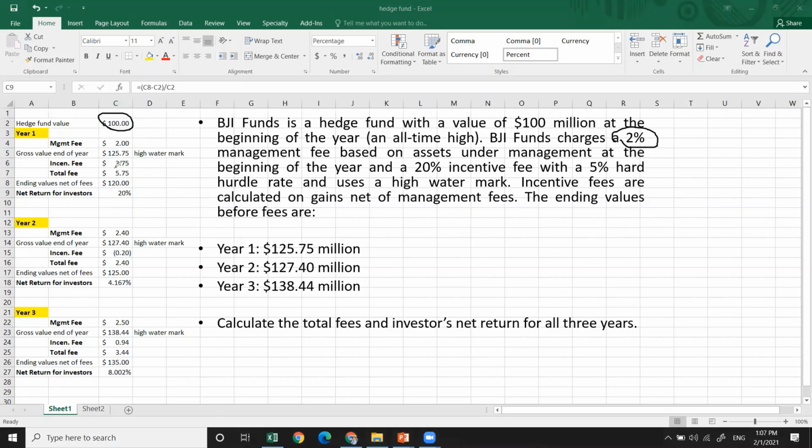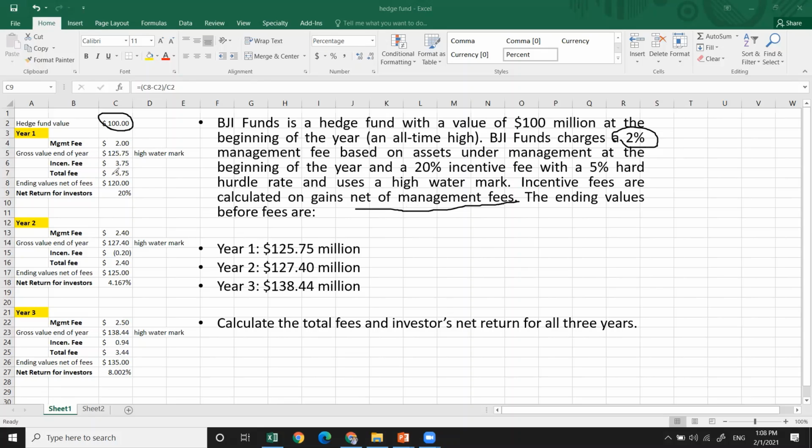To calculate the incentive fee, to see how they performed, whether they hit their high watermark and whether the return to the investors is more than 5% in order to receive some incentive fee. But the incentive fee is calculated on gains net of management fees. Okay, that is the keyword: net of management fee. That means that you need to include the net management fee as well.